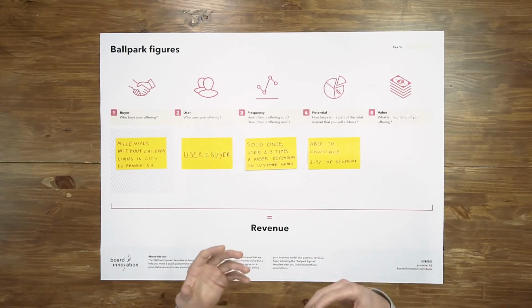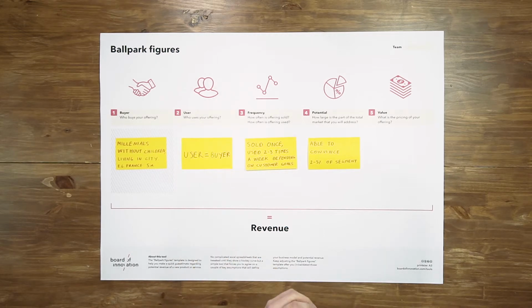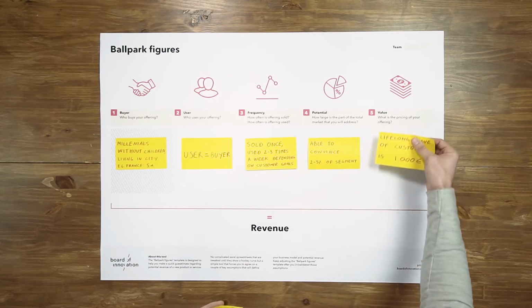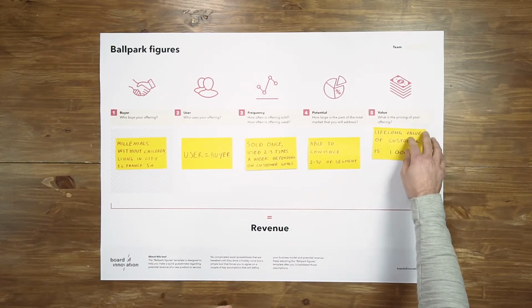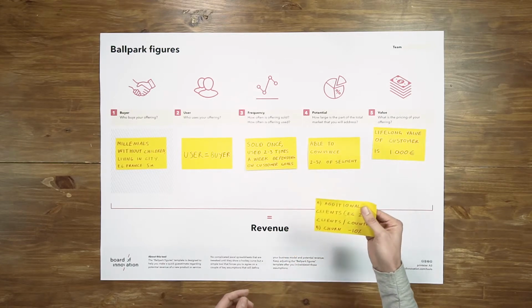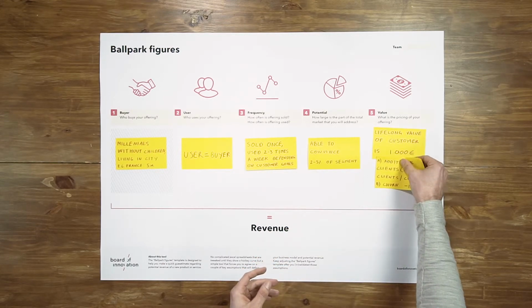And then the last component, how will we capture value? Maybe this links to pricing, or maybe how you want to reduce costs over time. For our example, with this financial institution in mind, we can look at the lifetime value of a customer. In this case, it could be around €1,000 that we maybe can increase. Maybe we can gain additional clients.